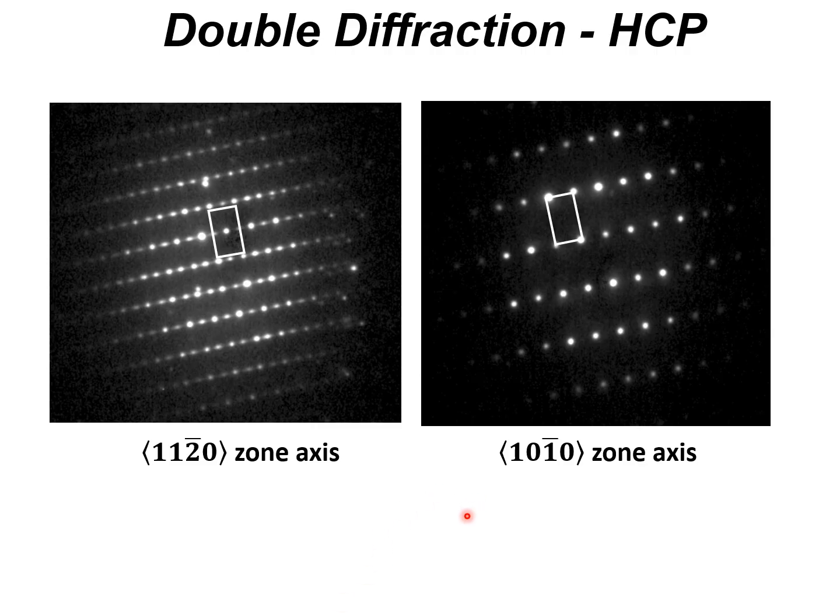Another thing that people should be aware of is double diffraction. If you have a very dense zone axis where you have a lot of reflections, because of the nature of dynamical diffraction, the diffracted beam can be rediffracted back into the main beam, but also be rediffracted into other beams.